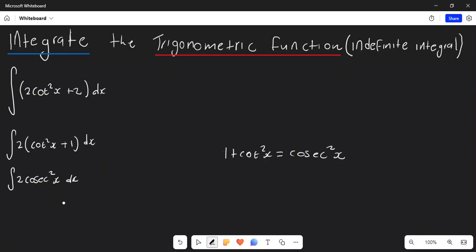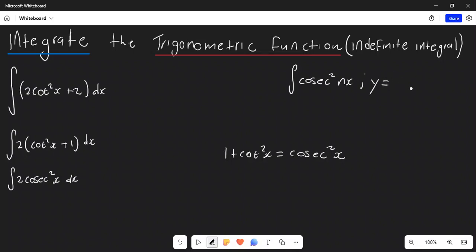So when it's like this, it's very simple for us to integrate. Now you need to remember, guys, when you integrate cosec squared, there is a formula for it. So what is the integral of cosec squared nx?